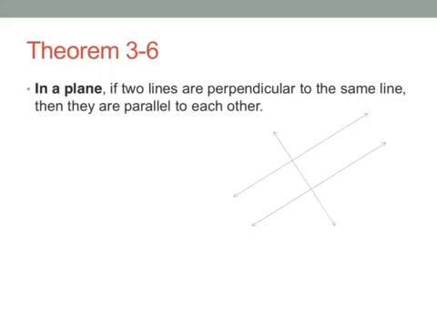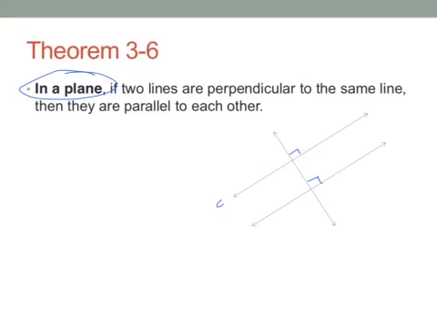And finally, the fifth way we can show that two lines are parallel to each other. This is theorem 3-6. It says in a plane, very important, in a single plane, if two lines are perpendicular to the same line, then they are parallel to each other.